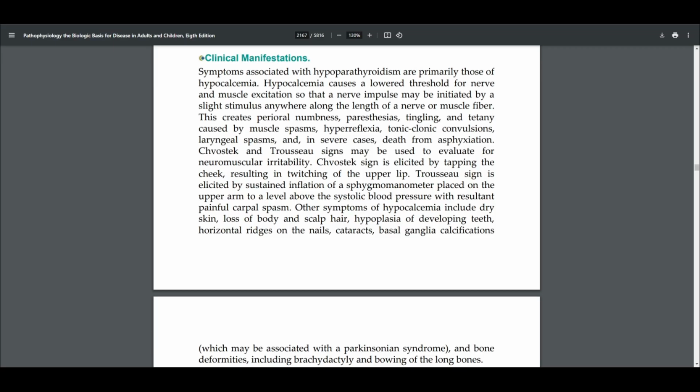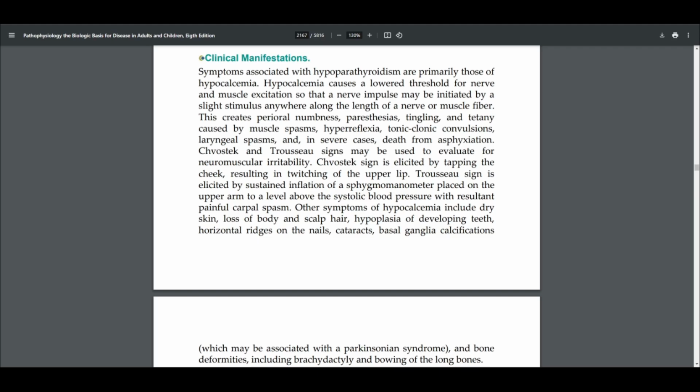Chvostek sign is elicited by tapping the cheek, resulting in twitching of the upper lip. Trousseau sign is elicited by sustaining inflation of a sphygmomanometer placed on the upper arm to a level above the systolic blood pressure, with resultant painful carpal spasms.